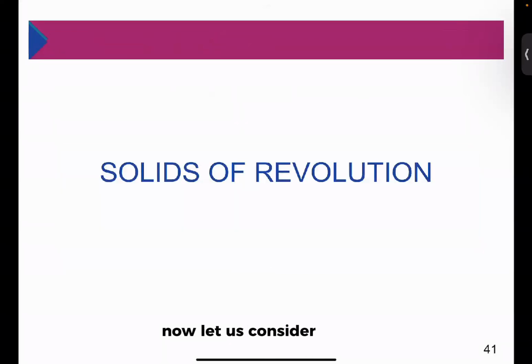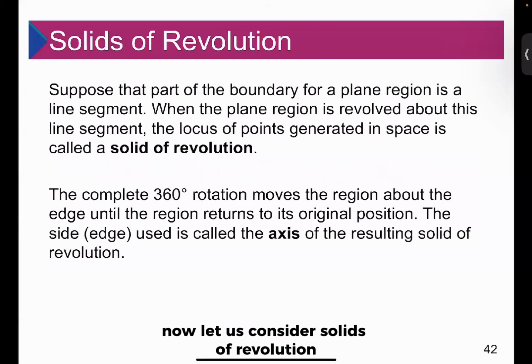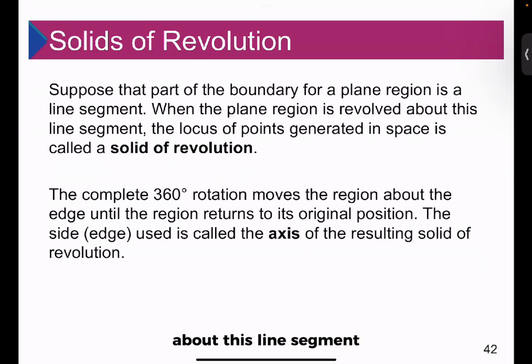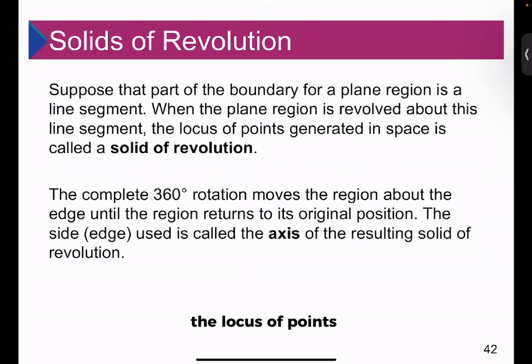Now let us consider solids of revolution. Suppose that part of the boundary for a plane region is a line segment. When the plane region is revolved about this line segment, the locus of points generated in space is called a solid of revolution.